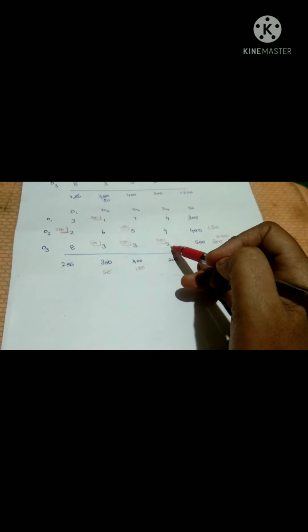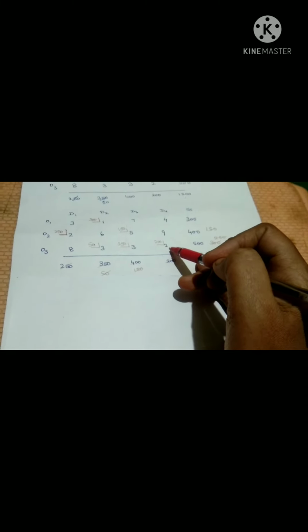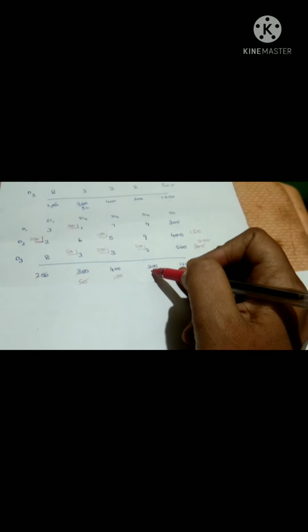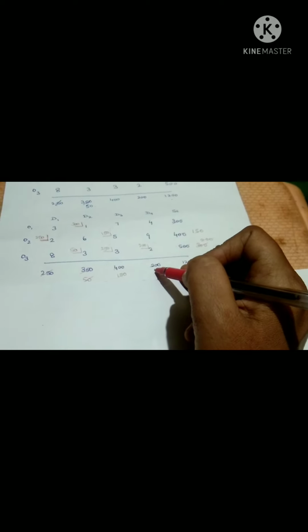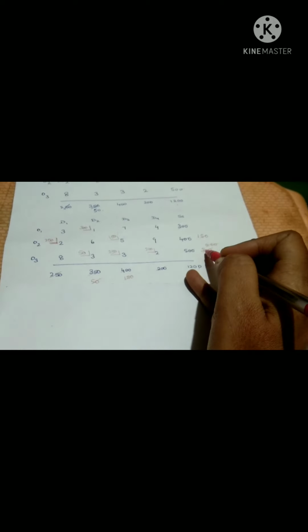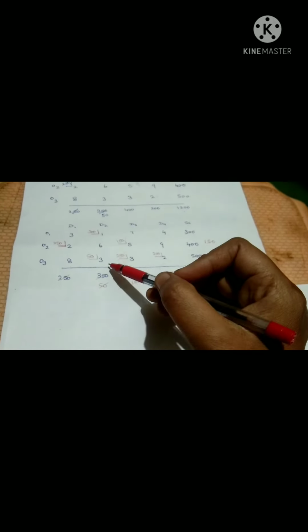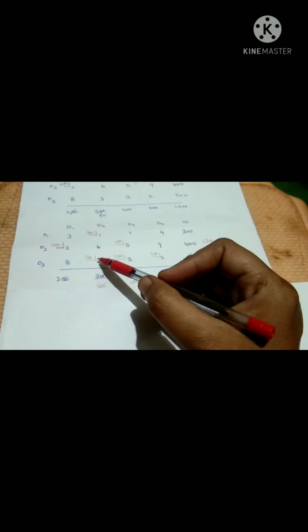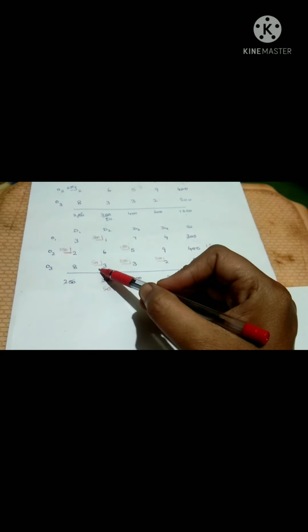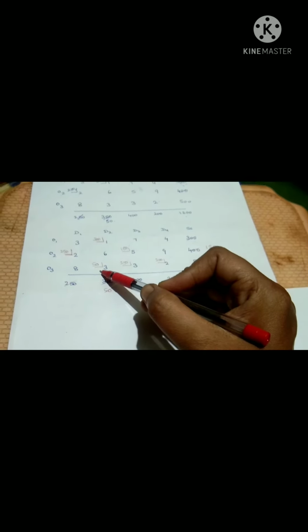After that, the third allocation is 2. Again I select the lowest value. 200 is the lowest value, so I compare and find the difference. The fourth allocation is 3. I have two 3s here, so according to our decision we can allocate to anyone.